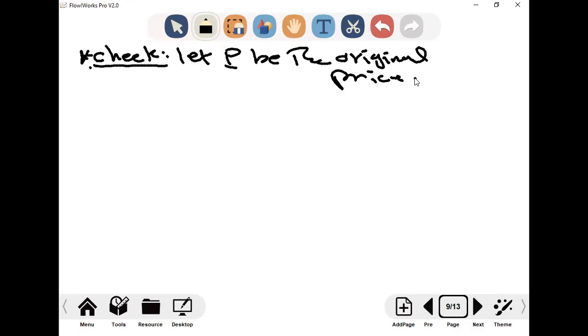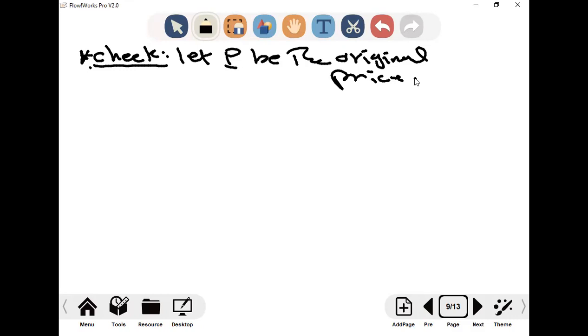Yeah, you need to define your variable. It's important. Okay. You need to define the variable. Without defining the variable, if you write just the inequality, I will take a look.